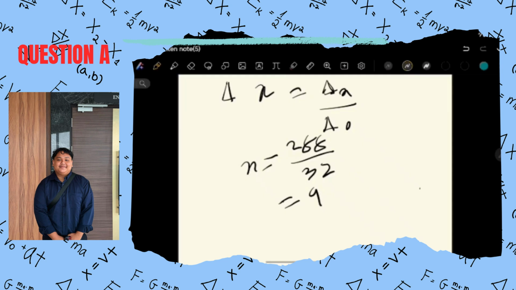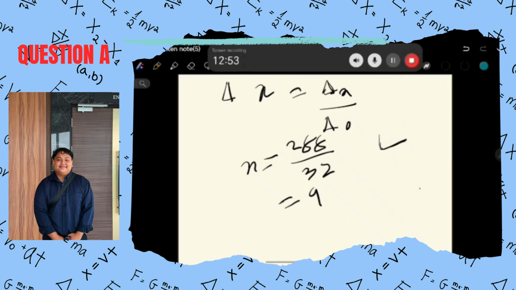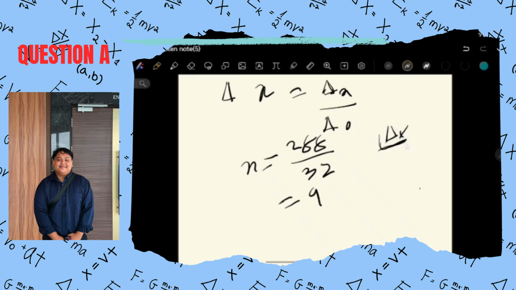We must use the same way as we find x. On top we use determinant y, and below we use the determinant 0. That means y equals 160 over 32, and the final answer is 5.